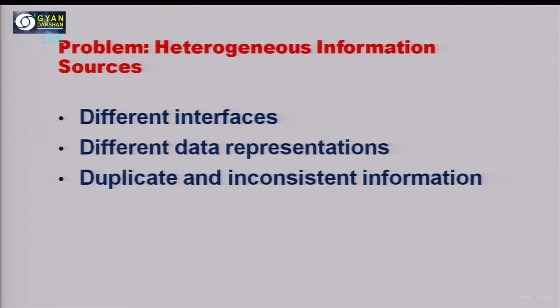They have duplicate data, and the data is inconsistent. So while we are integrating data from heterogeneous sources, all this data has to be cleaned and pre-processed. And unless you pre-process this data, you're never going to get quality results.